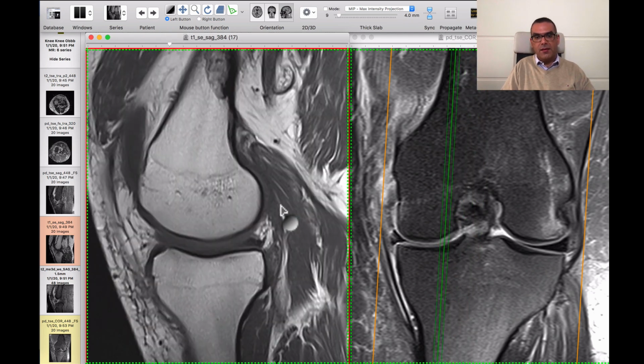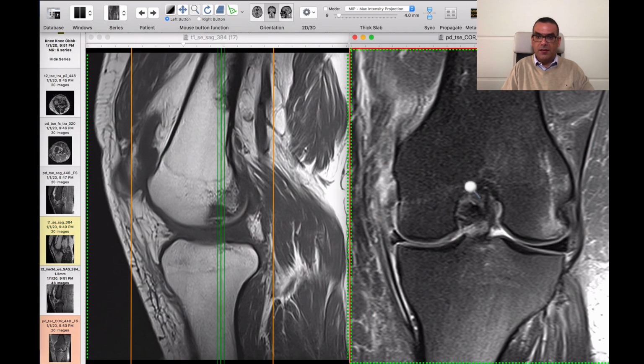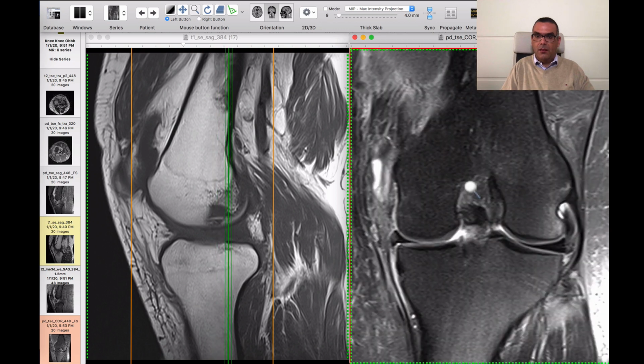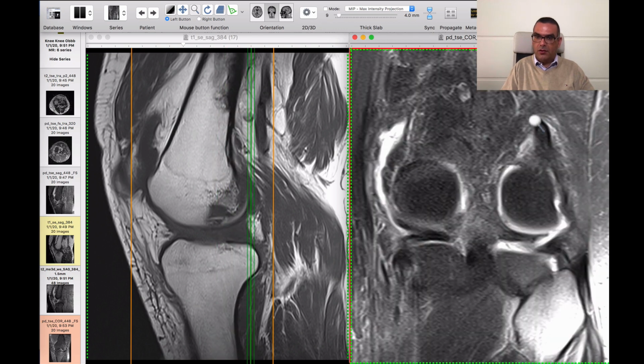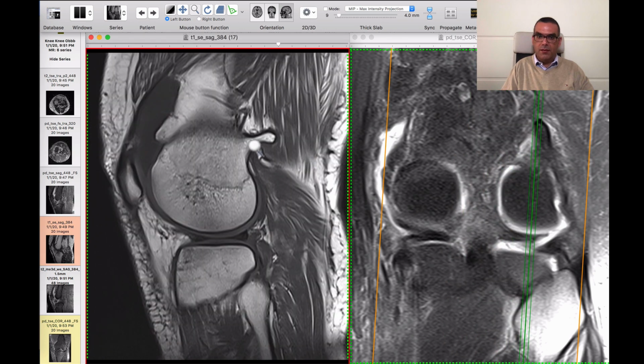What we missed in this knee as we are going through, there are two incidental lesions. So there is this structure right here, which is a small osteochondroma arising from the lateral femoral metaphyseal area.